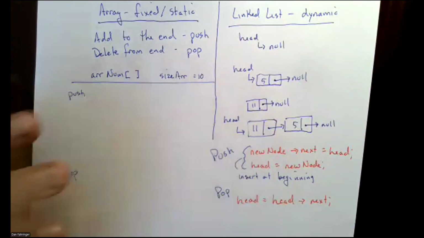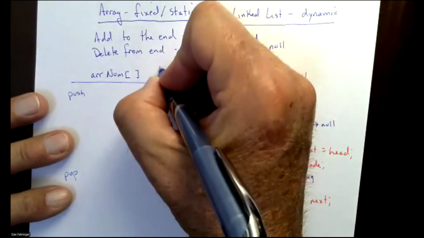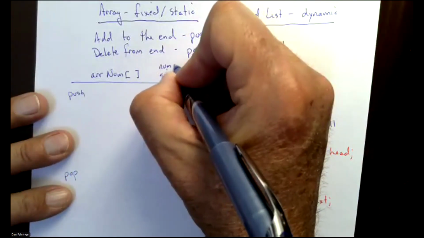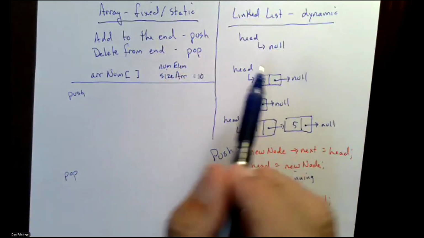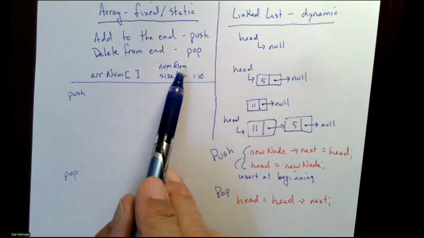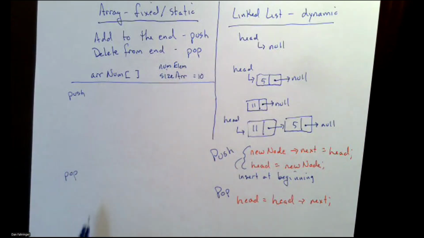What's another thing we're going to need to know? How many objects are currently in the array? Yeah, let's call that num elms, number of elms. And I think the number of elms is going to affect what we put for our push and pop.